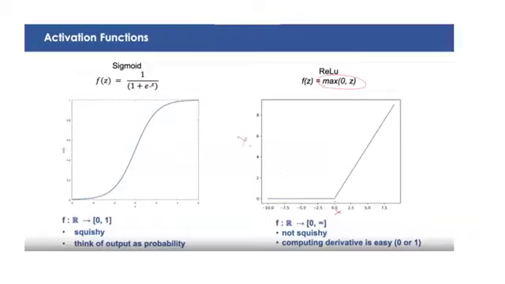If I pass any value greater than 0, it takes it as is. If it is 2.5, then the output is also 2.5. If it is 5, the output is also 5. But any value less than 0 will be equal to 0 only.